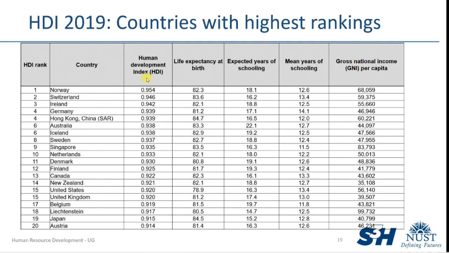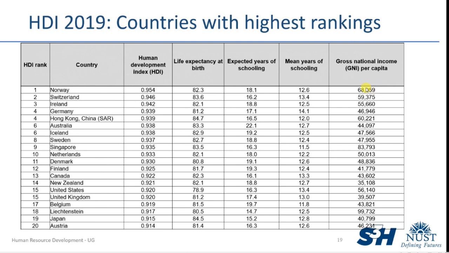And these are the subcomponents of the HDI index. An interesting thing to notice here is that Singapore has a per capita GDP of 83,793. This is even higher than Norway.